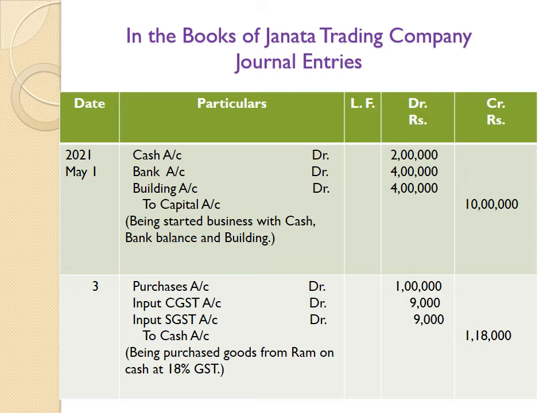Bank balance also brought into business, so bank account debit. Building also utilized in business, so building account debit. These three things debited, and the total of which is named as capital, to capital account 10 lakh. So this is the first entry regarding starting the business.